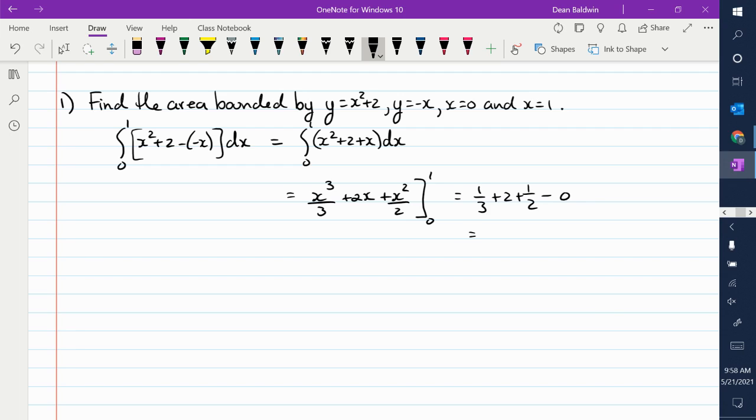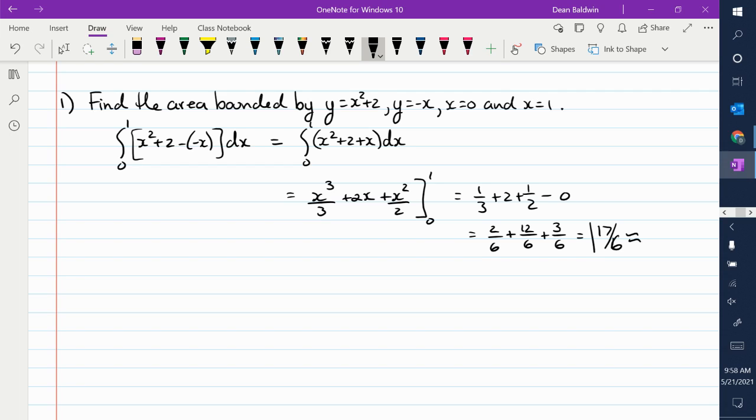If you want, you can make a common denominator. We'll even do this. So it's going to be 2 over 6 plus 12 over 6 plus 3 over 6. And if you add those all together, you get 17 over 6. Or, I don't know what that is. What's 17 over 6? What is it?